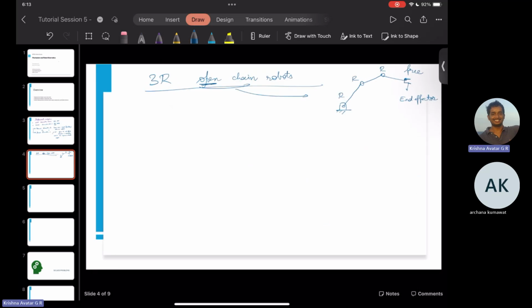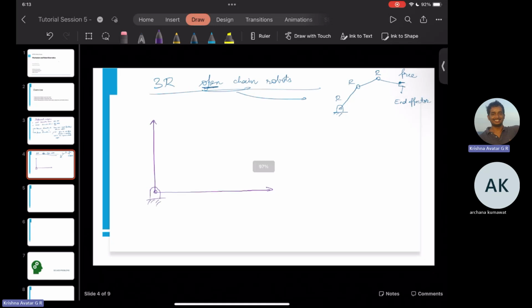Right. Coming back to our 3R open chain robot, let me just draw a schematic. I'll first draw the coordinate system. The origin is fixed at this revolute joint here, and this part is grounded.